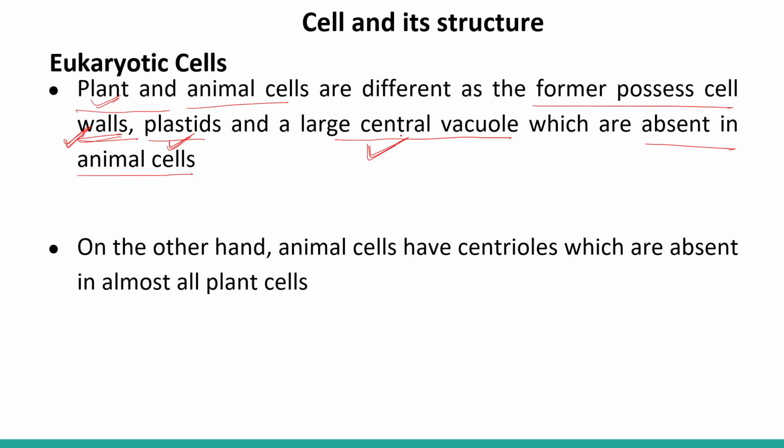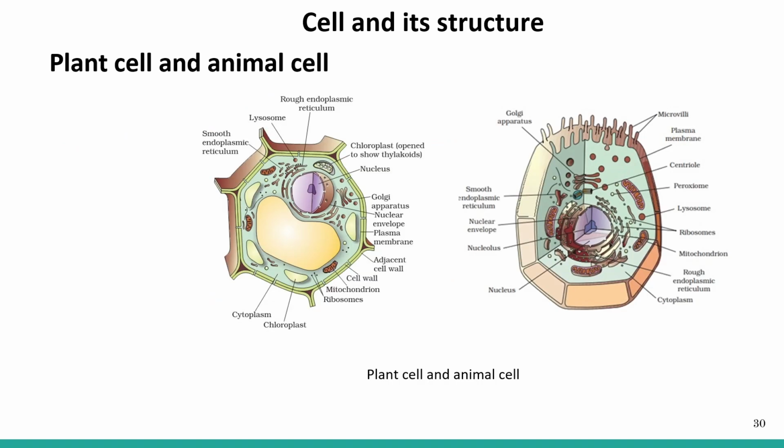On the other hand, animal cells have centrioles, which are absent in almost all plant cells. Vacuoles are also present in some animal cells, but their size is very small, right? So this is the difference between the plant and animal cell.